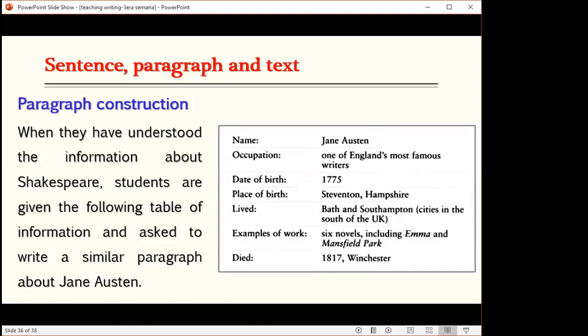So they have the model, and similar to the model, now they have to write their own text, about another person, Jane Austen. So notice, you are practicing paragraph construction here, not just sentences.